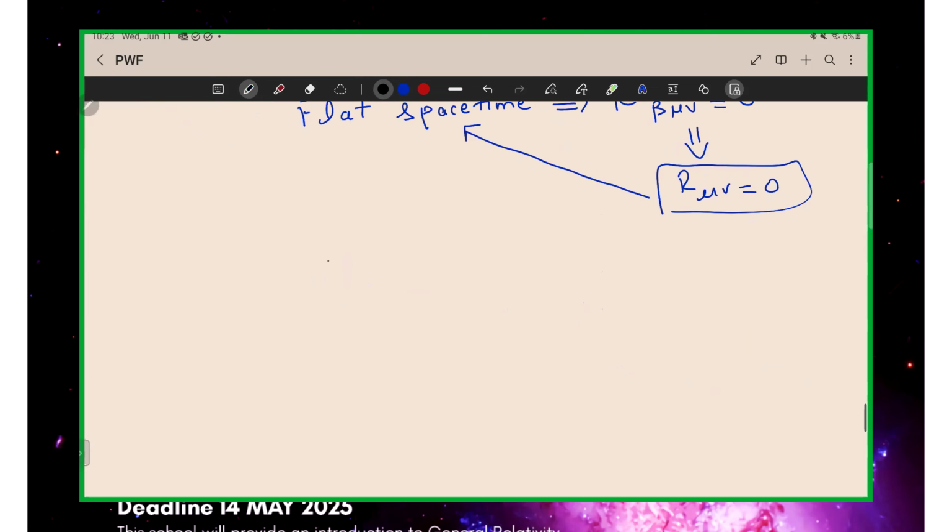So if you write this equation again, R mu nu equals kappa T mu nu, we do know that T mu nu has this conservation law, right? It means that if I put this thing on both sides, we do know that this is zero, right?